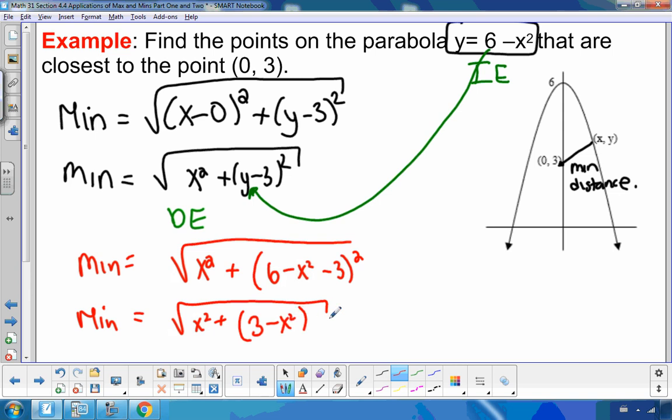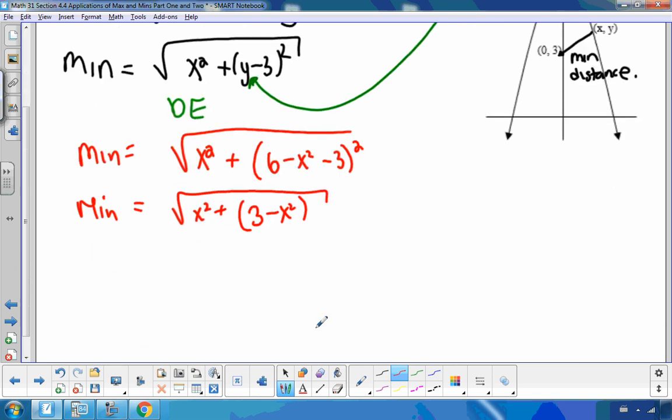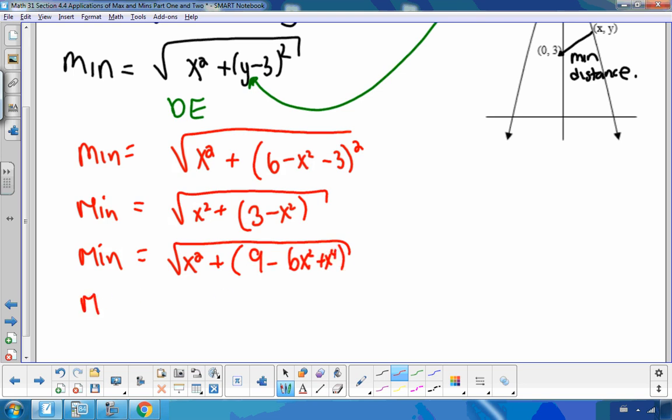So I can simplify that a little bit more, just by expanding this, okay? So expanding that, I'm going to have 9 minus 6x squared plus x exponent 4. And then in my last step, I want to group my like terms. So I have x exponent 4, x squared take away 6x squared, and then plus 9. So that is my minimum equation, my derivative equation.